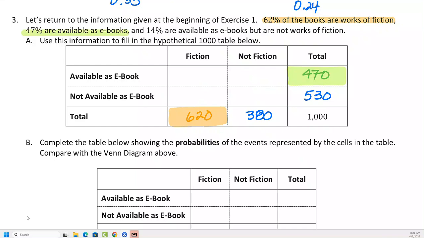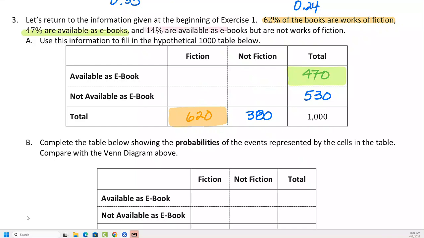Are we okay with that? Now notice if that's all they gave us, it doesn't give us enough to fill in the table. We actually need one more piece of information, any of those 4 cells, and that would work. And so you can see here, they give us one more piece of information.